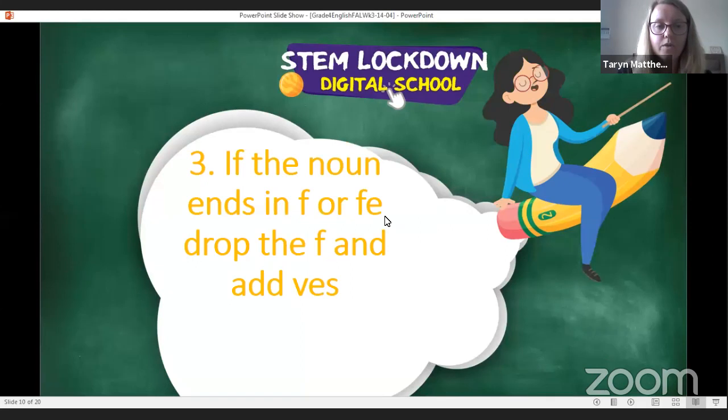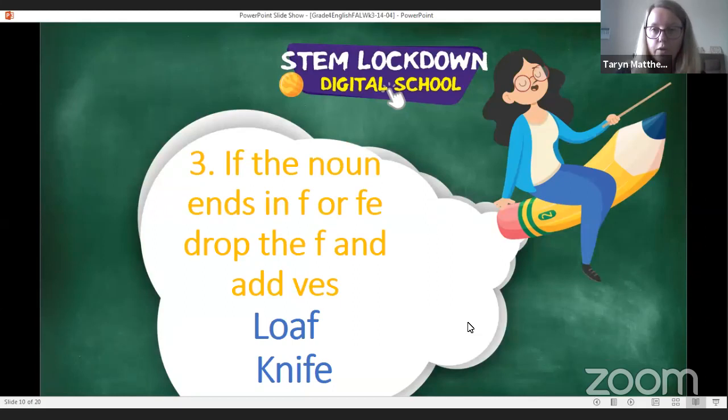So now number 3 says that if the noun ends in an F or an FE, you drop the F and you add VES. So this one now is getting a bit more tricky. So let's see what examples I've got. So I've got loaf and knife.